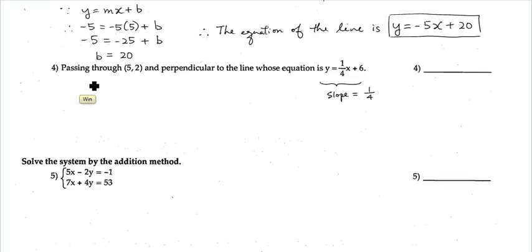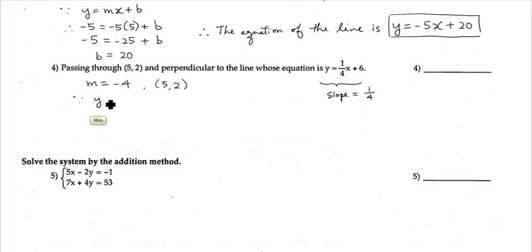So we need to know what is the negative reciprocal. If you don't remember that, you go back to your notes. So m is equal to negative 4 this time. And then we have the point 5, negative 2. So the rest would be just like the previous problem.